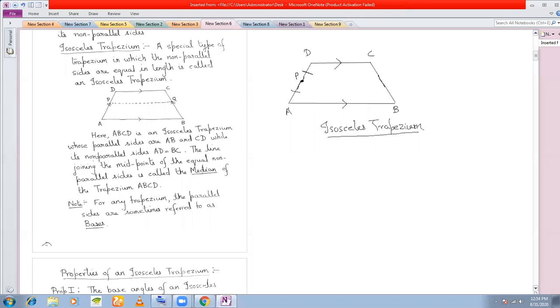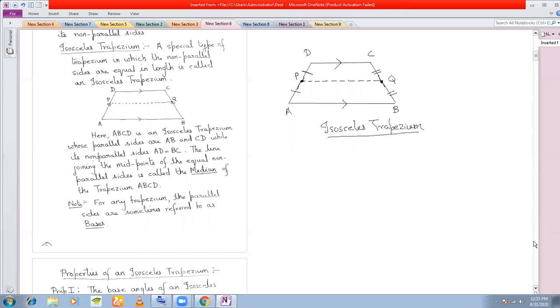And if I take the midpoint here, say Q, such that CQ is equal to BQ. And if I join them, then this dotted line is called the median of this trapezium. Not that you will come across this word very frequently, but you can know. This is called the median of the trapezium.